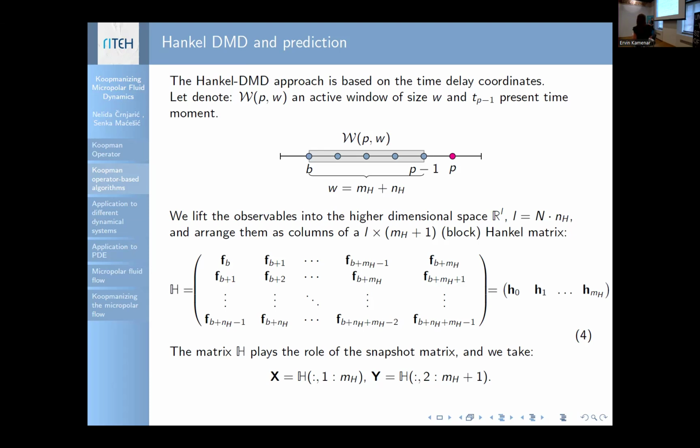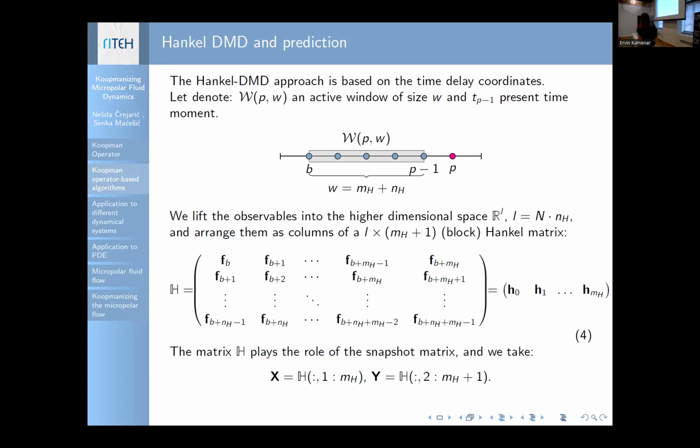So how is this Hankel matrix defined? We take an active window of size W, where p minus 1 is the present time step. We take the values of the observables W times before and arrange them so that in each column of this matrix we have a time sequence of snapshots.